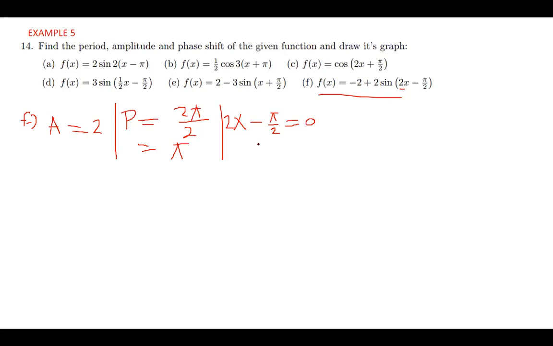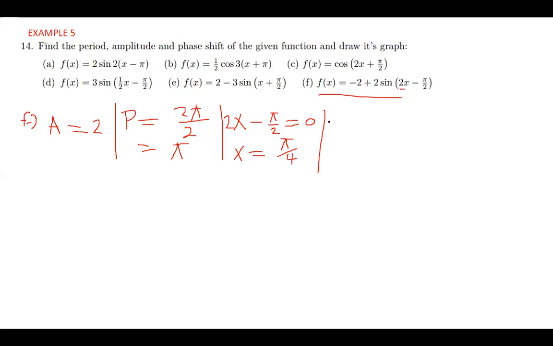When you solve the equation, you find that your starting point should be pi over 4. You make x the subject: you take the pi over 2 to the other side of the equation, and then divide by 2. You get pi over 4.